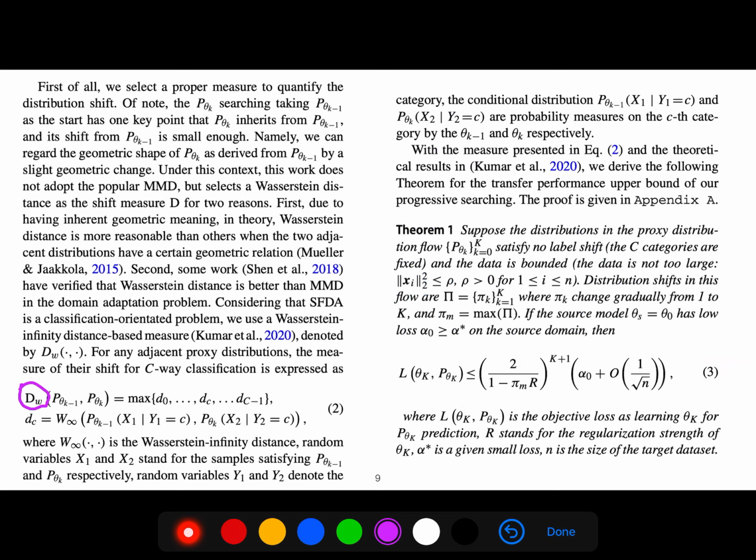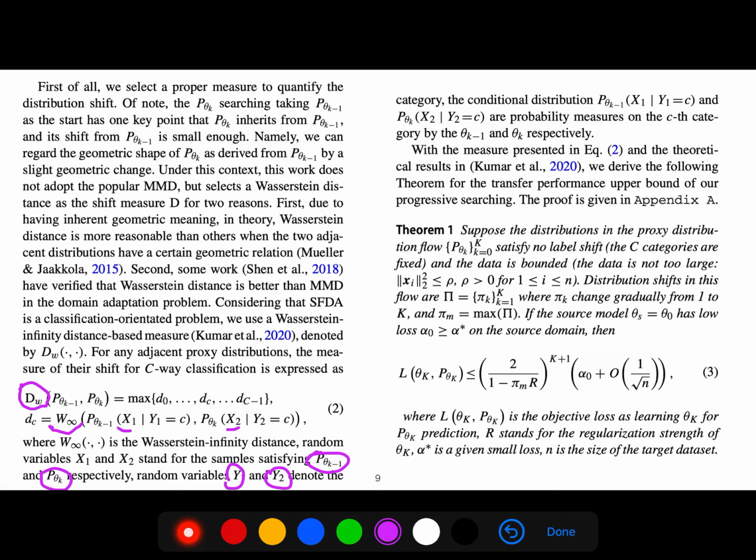The measure of the shift for C-way classification is this. And this W infinity is just a Wasserstein infinity distance. Random variables x1 and x2 stand for samples from the previous distribution and the next distribution, and of course their labels respectively.